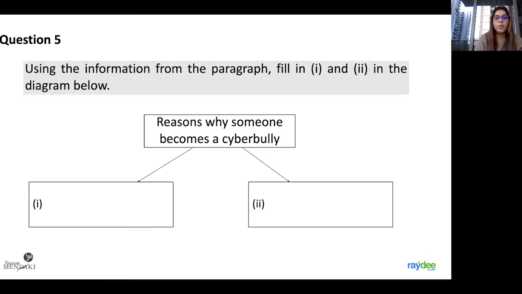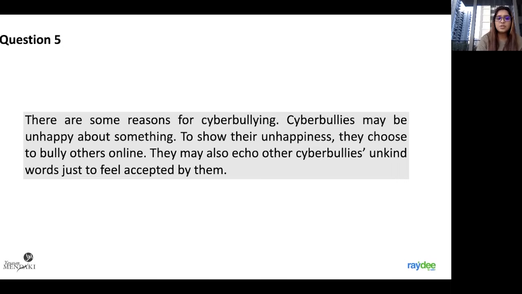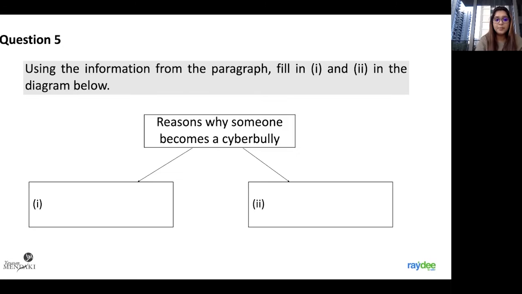Okay, so our question tells us, using the information below, fill in number 1 and 2 using the diagrams. So reasons why someone becomes a cyberbully. Now, as we saw in the passage earlier, they are either unhappy about something or they are following others. These are the reasons why they become cyberbullies.